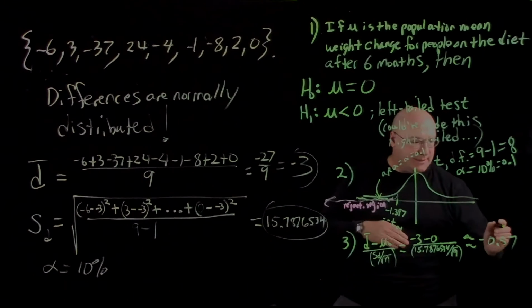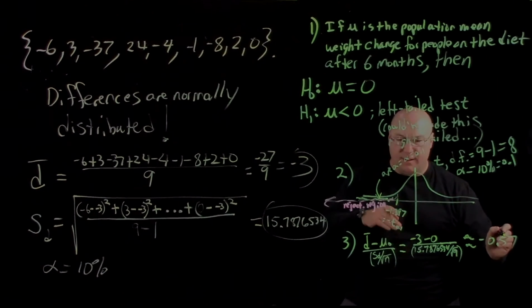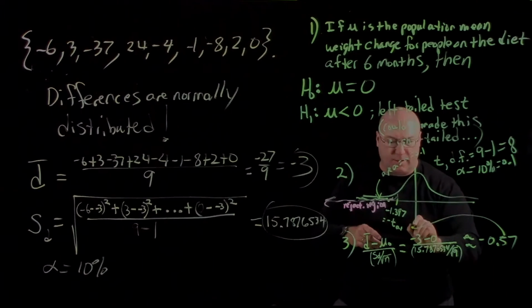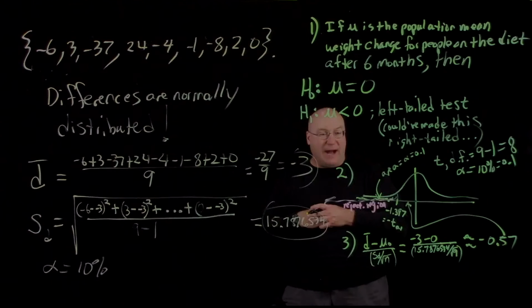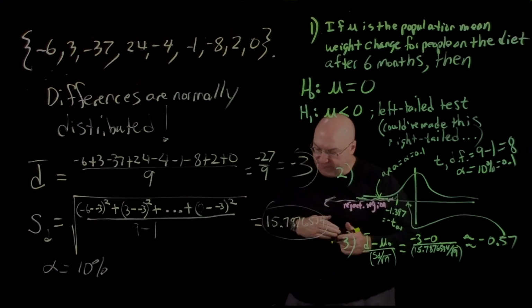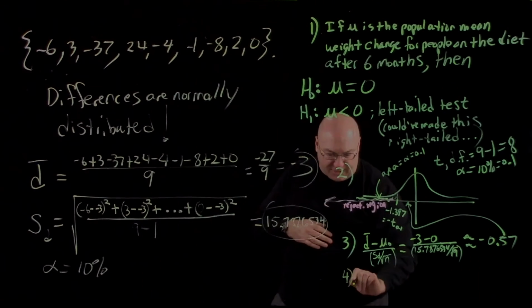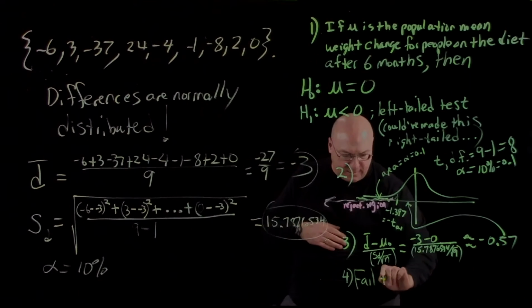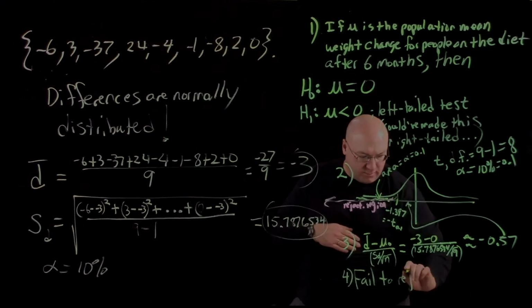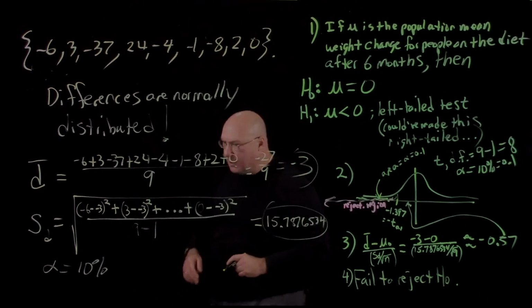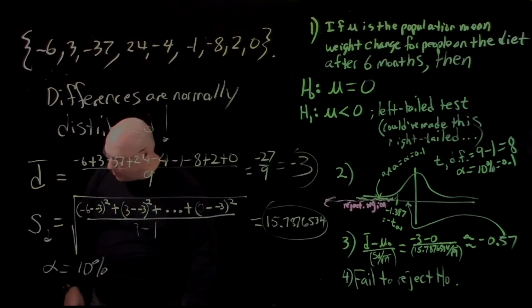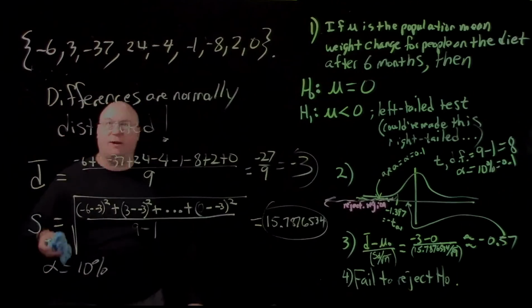And so that's going to go about right there, maybe. Not in the rejection region. So step 4, we fail to reject H sub 0. And I guess I'm going to rub this out here to finish up.